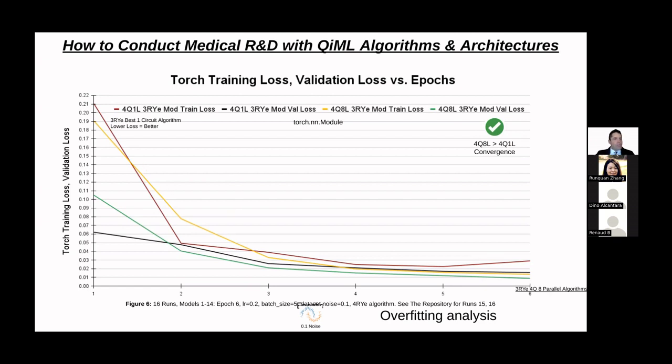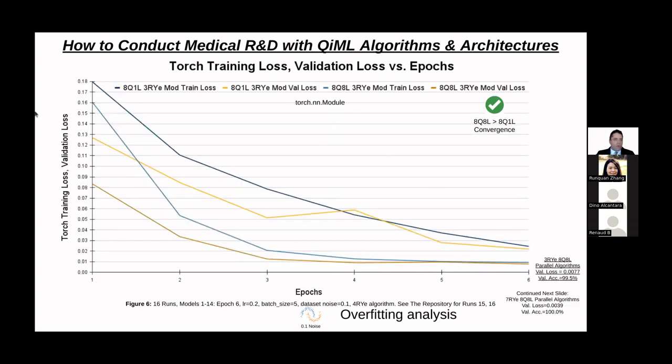And I just noticed this a lot: running single circuits, you'll see the fluctuations. It has less tolerance for going big in algorithms, and it just doesn't work as well as the parallel algorithms.